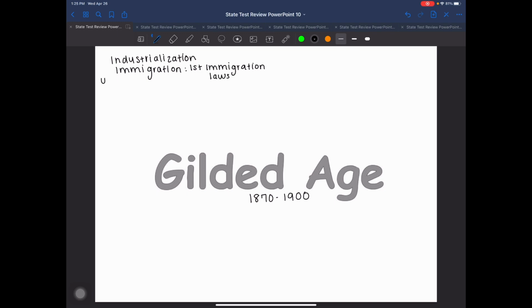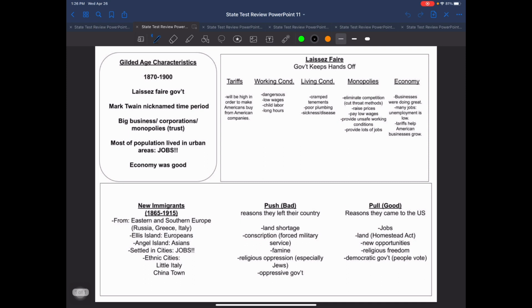And we will also see large urbanization, a mass movement into the cities. And we refer to this time period again as the Gilded Age, but you may need to also understand this time period as the new industrial age.